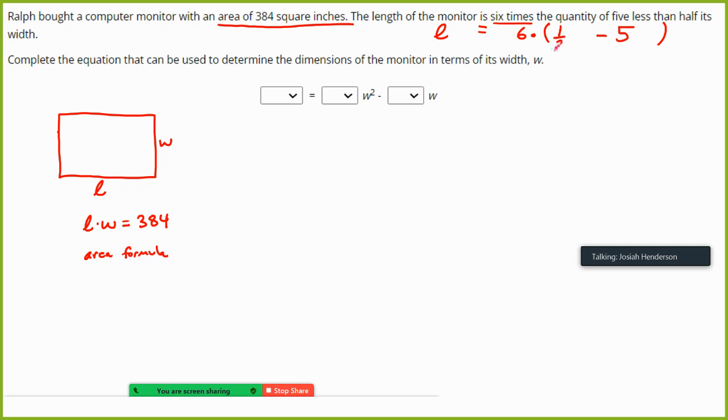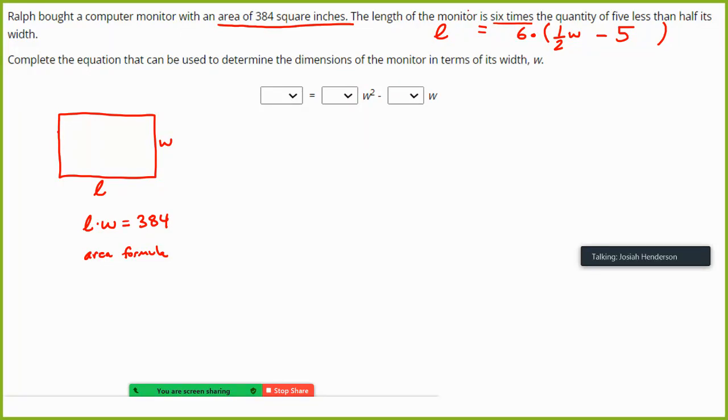So we get something like this, 1/2 times W. So remember, side note, if you wanted to find a fraction of a number, you're just multiplying the fraction to the number. Because they're saying half its width, that's how I know to do 1/2 times W. If they wanted a different fraction, like 3/4 of its width, it would be 3/4 times W.